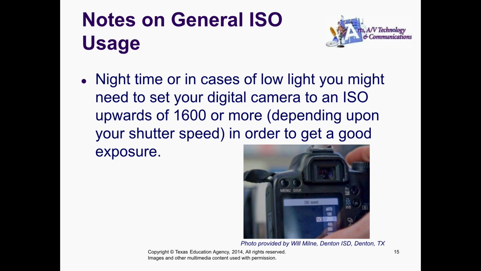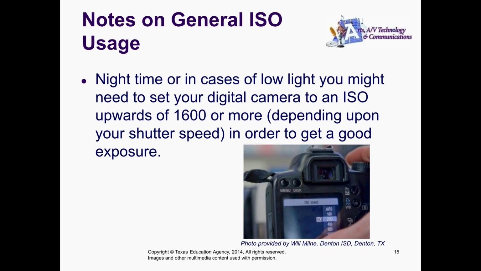So in our gym, unfortunately, it doesn't have enough light to take really good pictures. So a lot of times I'll put it on manual, and I'll even let it be dark, because I don't want to switch my ISO up too high, or it'll make all the athletes look really grainy.